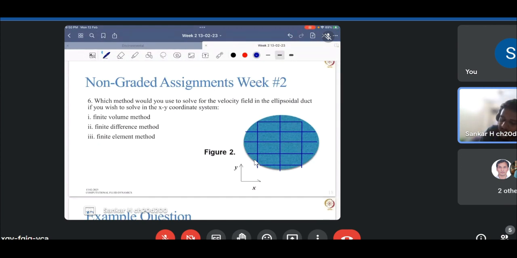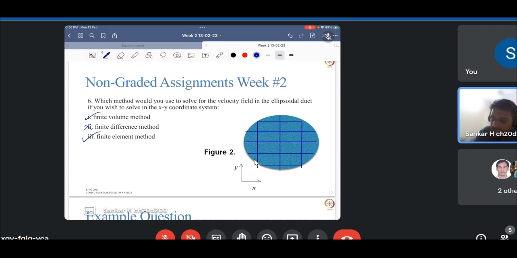We do that mainly because finite difference method cannot be used here; we work in segments rather than points because the xy coordinate system cannot ensure uniform spacing. So finite difference method cannot be used. We use either finite volume or finite element method to solve for the velocity profile in each of these segments.